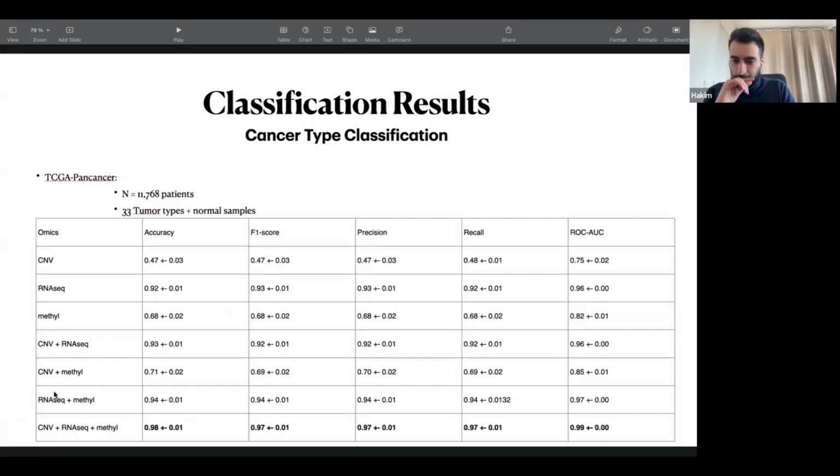So you mentioned normal samples here. I might be very naive here, I didn't know there are normal samples in TCGA. If there are, did you consider them as a separate class? Yeah, I considered them as a separate class. Separate class per cancer or separate class for all cancers?